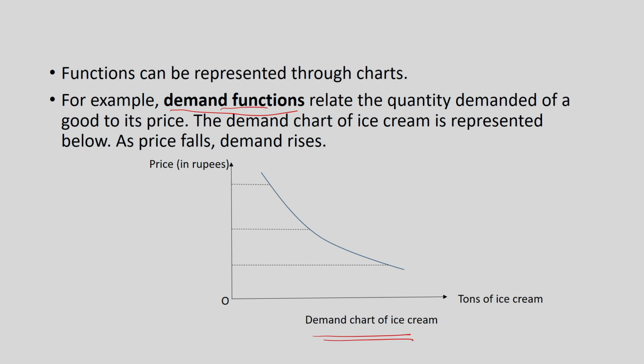One thing to note here in this diagram that I have drawn is that I have represented price along the vertical axis, right, y axis, and I have represented quantity of ice cream along the horizontal axis. And this might seem a little bit awkward, because generally when I say that quantity demanded of ice cream is a function of price, I mean that the quantity demanded is a dependent variable, right.